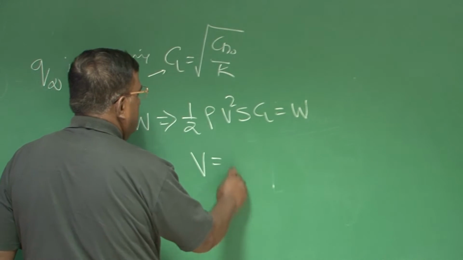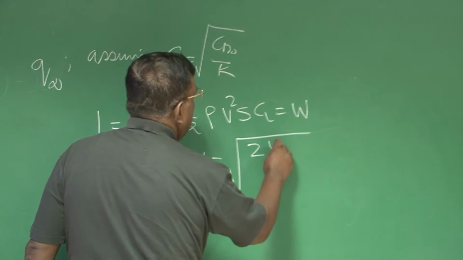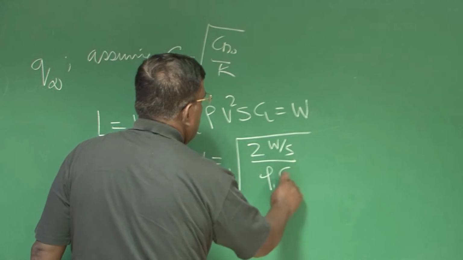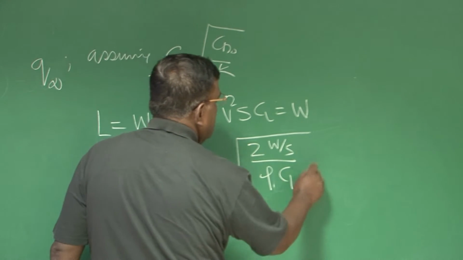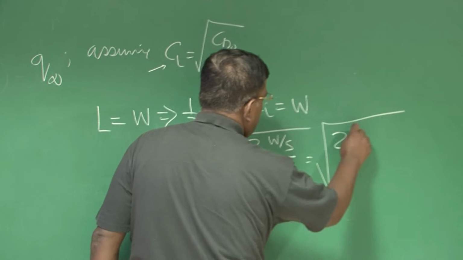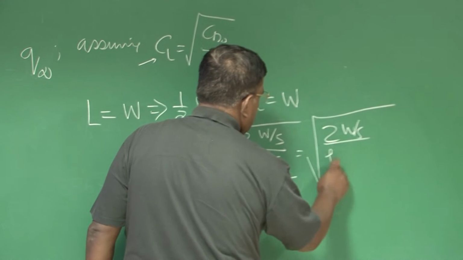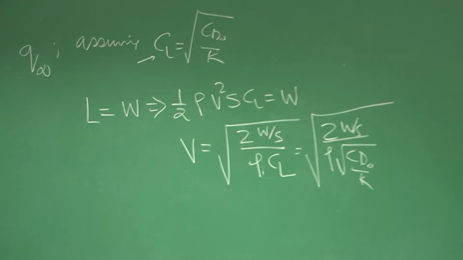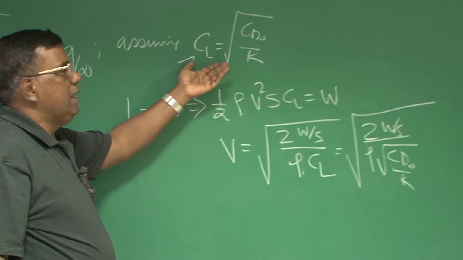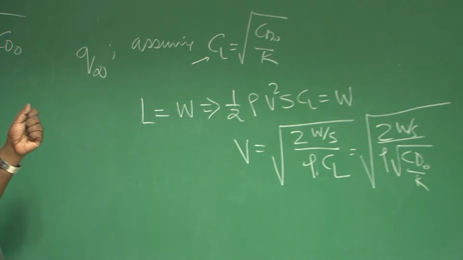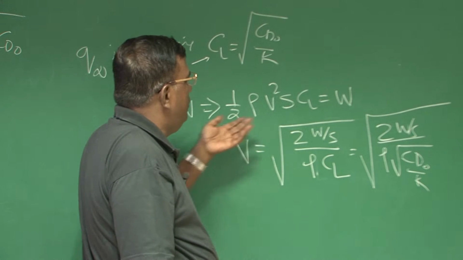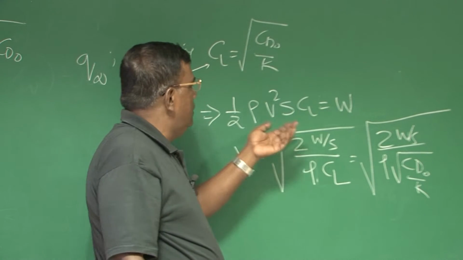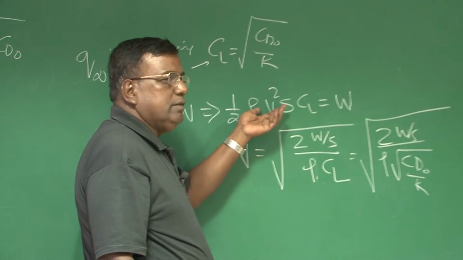So V should be equal to under root of 2 W by S by rho CL, and CL is under root CD naught by K. The message is, once I am trying to fly at a CL of under root CD naught by K, then if you want to maintain lift equal to weight for a given S and given weight, then V is also fixed, right?